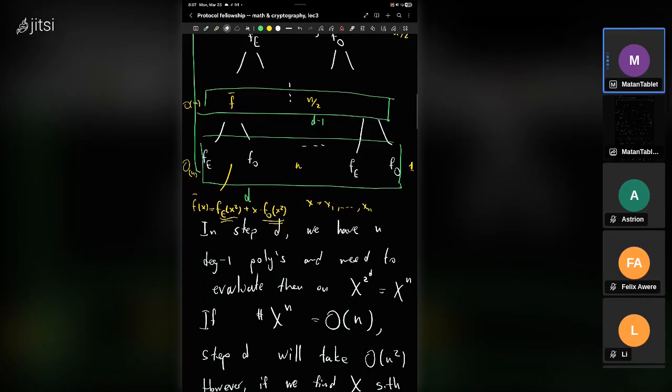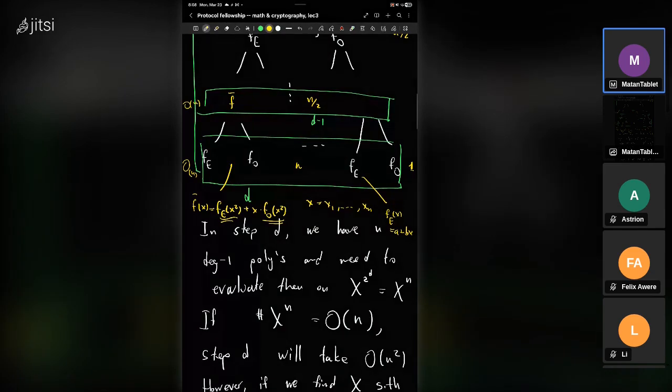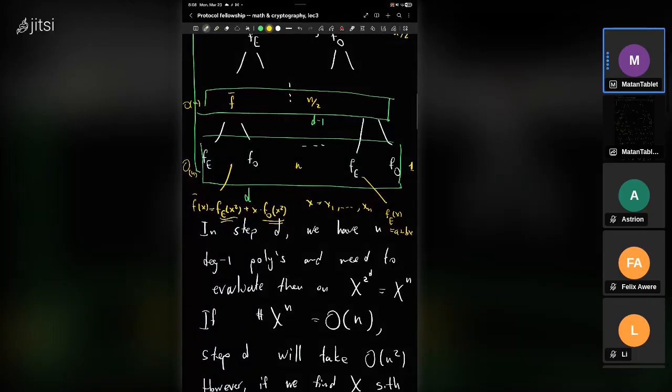Let's say this Fe here is some polynomial, Fe of x, like a plus Bx. It's a polynomial of degree 1, and now I need to evaluate it on a set of size 1, only on x1. To evaluate a polynomial like this takes me 2 operations, right?